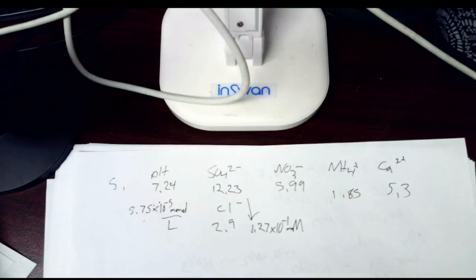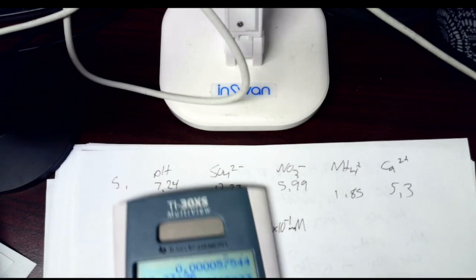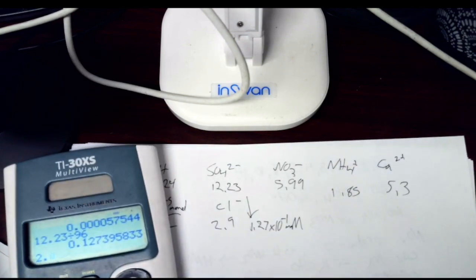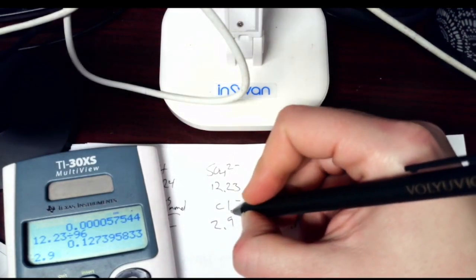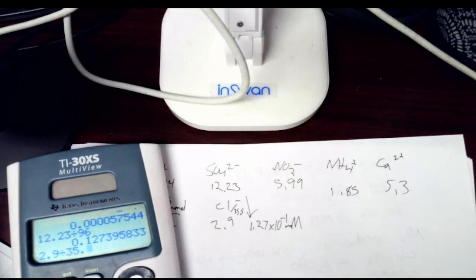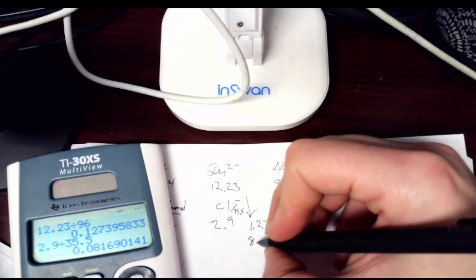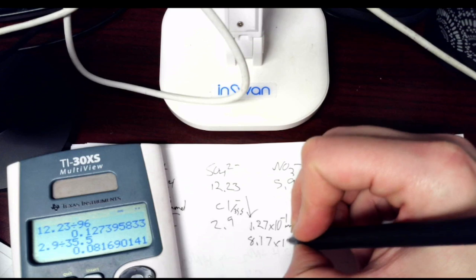Millimolar, essentially. Would have to double that. Chloride at 2.9 with a molar mass of 35.5 is 8.17 times 10 to the negative second.